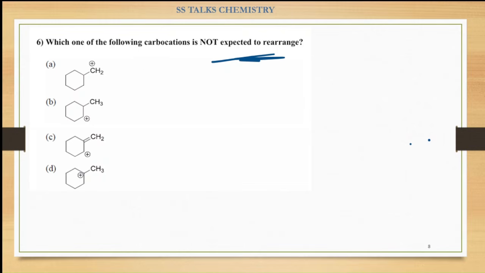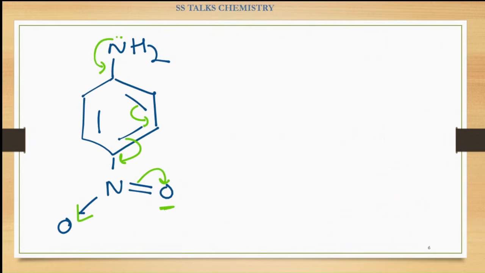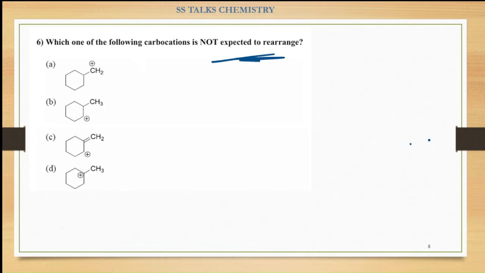In the first question that we discussed, the rearrangement was possible because from the primary you were getting a secondary carbocation, which was more stable. So whenever a rearrangement takes place, it is because you can get the formation of a more stable species.